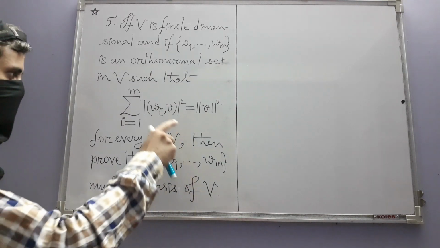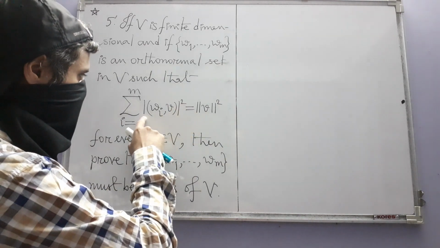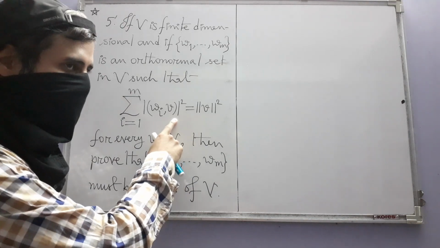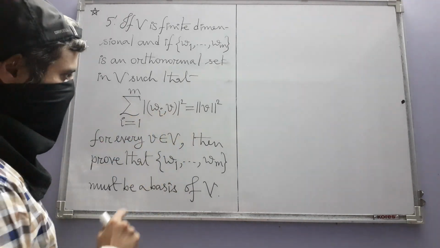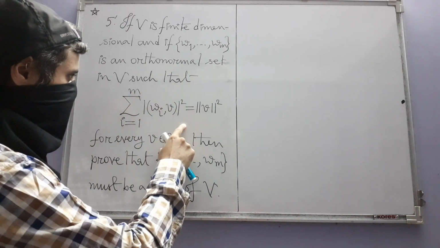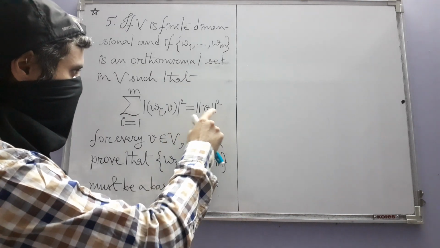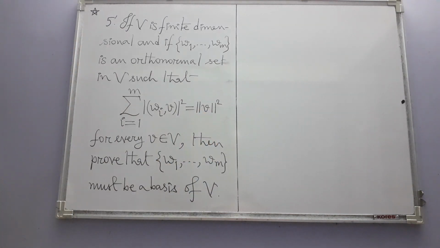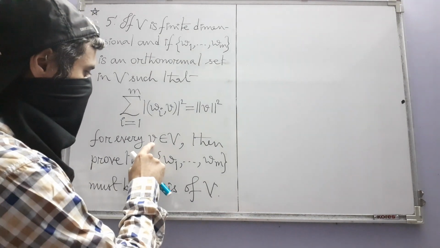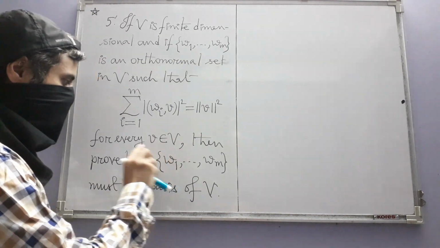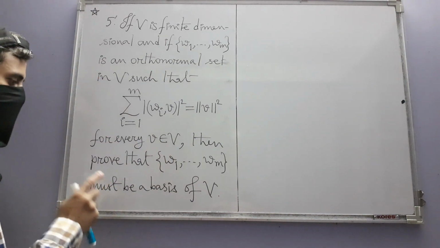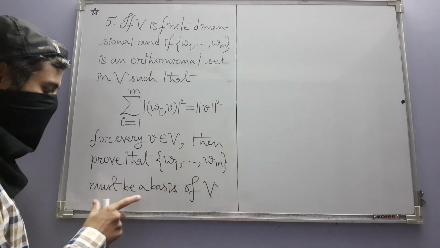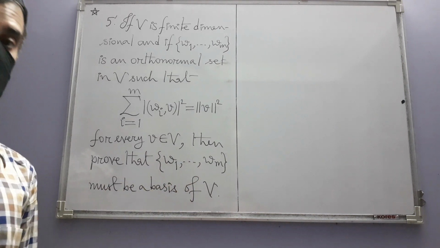That is, if we consider the squares of the absolute values of these inner products of V with the Wi's and take their sum, then that is equal to the square of the norm of V, and this happens for every vector V in V. If all these things are true, then we have to prove that this set is in fact a basis of V.